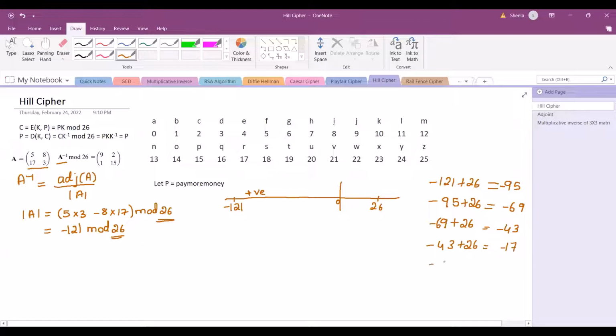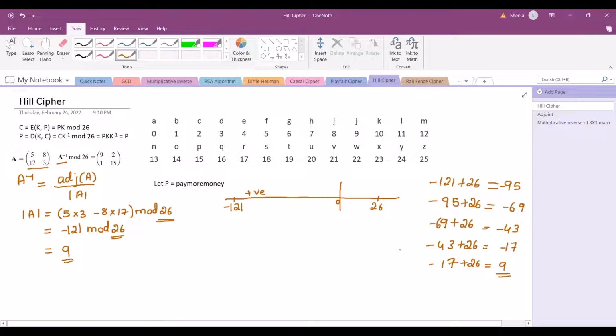And again for this minus 17, if we add 26, the value will be 9. Now this value is in the range 0 to 25. So we can consider minus 121 mod 26 as 9.